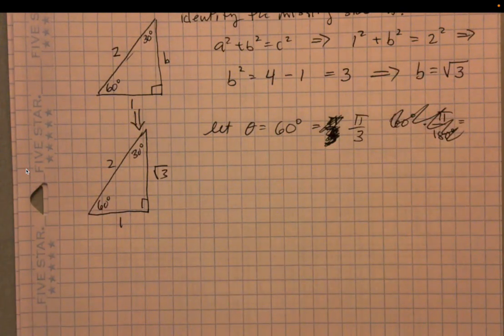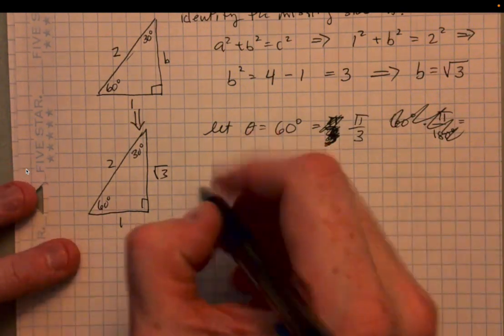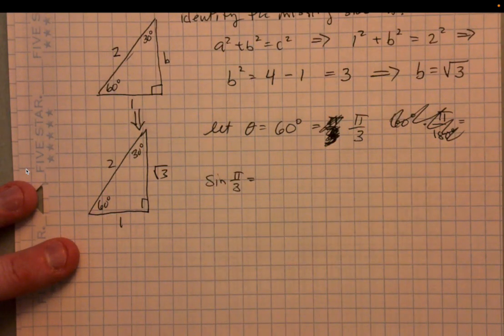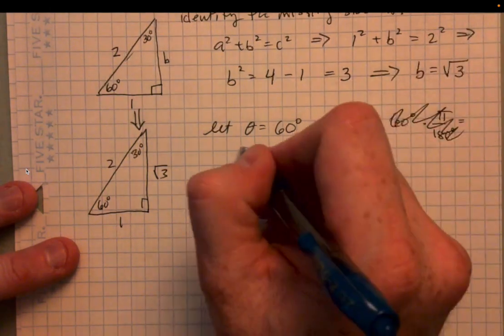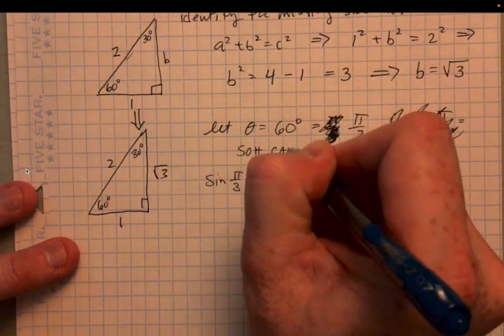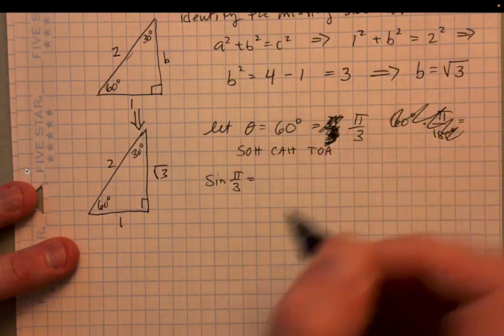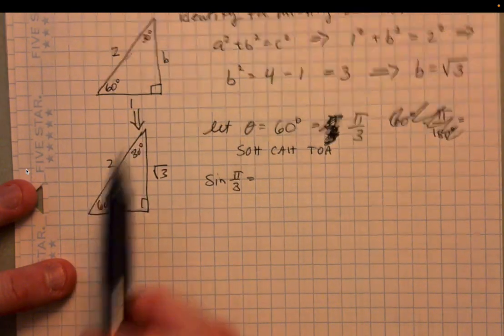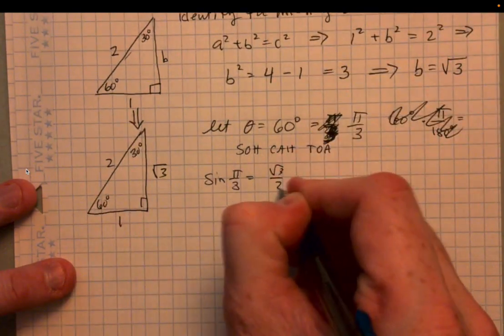Okay, so we'll start with this, and we can just read them off. Sine of pi over 3 is equal to, remember your SOHCAHTOA, opposite over hypotenuse, so it's the square root of 3 over 2.